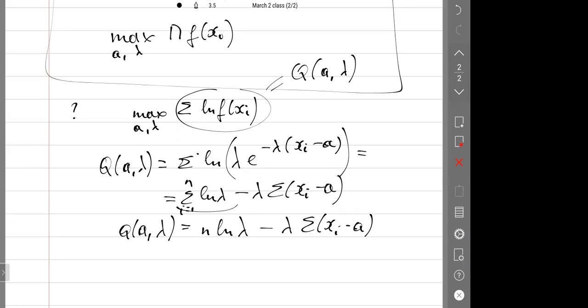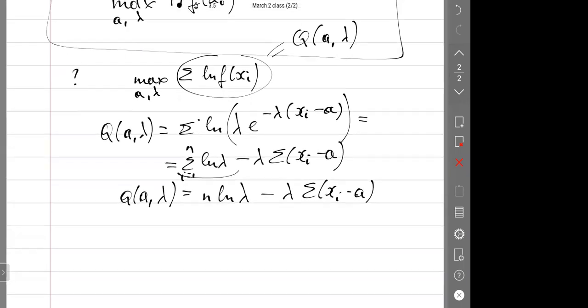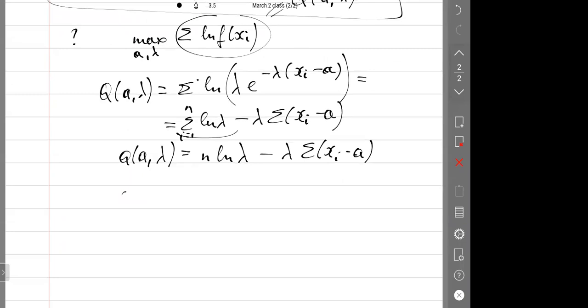Well, we need to find two. We need to find both estimators. Okay, so dq d lambda is n over lambda minus the sum of x_i minus a.